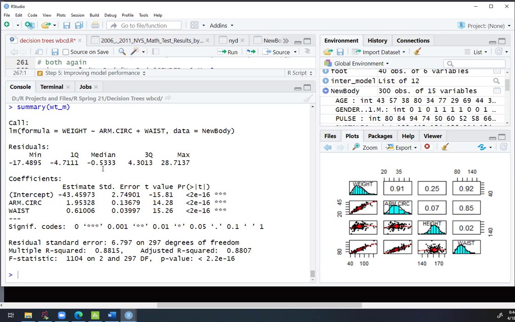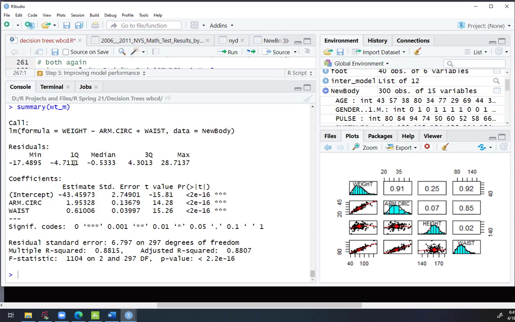I'm looking at my residuals, and I see that it doesn't give me the mean, but the median. We want the center to be 0, but it's not quite, at least in the sense of median. The center is negative 0.5, which means half the residuals are below negative 0.5 and half are above, which tells me, the negative just means that the predicted value is less than the observed value, and a positive would be the predicted value is more.